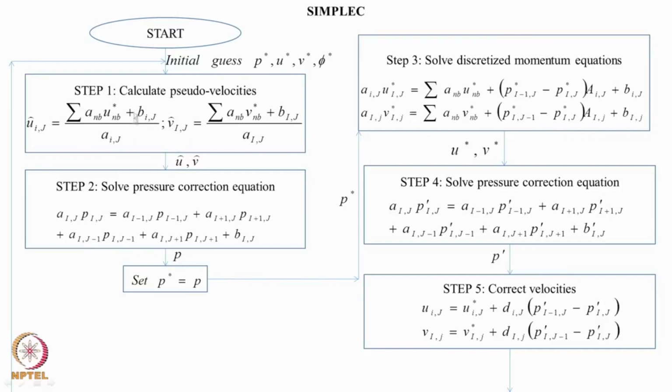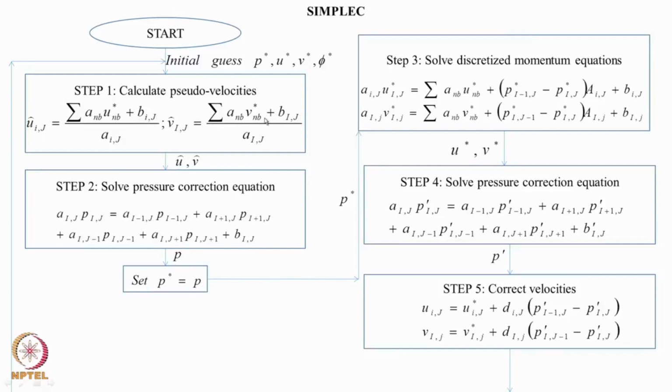If you look at that expression, this is a discretized momentum equation: sum of neighboring nodes plus source term and the coefficient for the corresponding node of interest. Similarly, for the second velocity component V, again the corresponding velocity coefficients and neighboring nodes' contribution plus source term are there in the V momentum equation.